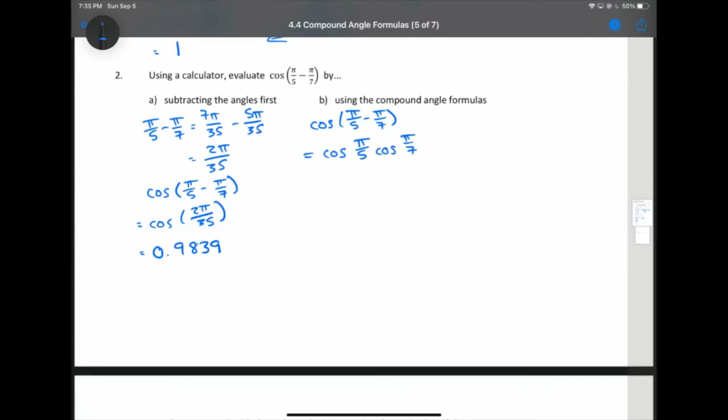And then the formula says we have cos x plus or minus y, and then at the end we have minus or plus, so it means the opposite sign. We subtracted before, so now we're going to add. And then we just type in, or write in, sine pi over 5, sine pi over 7.